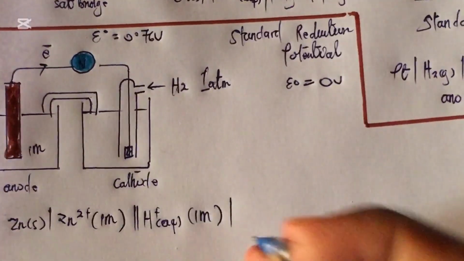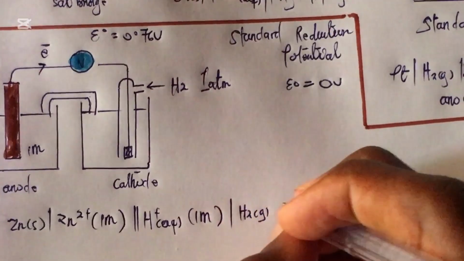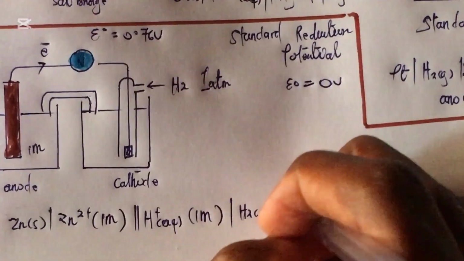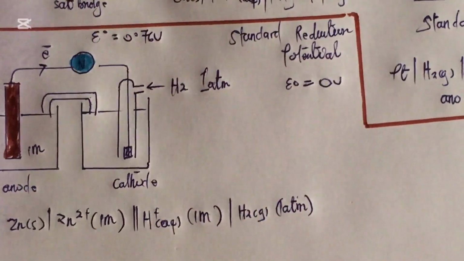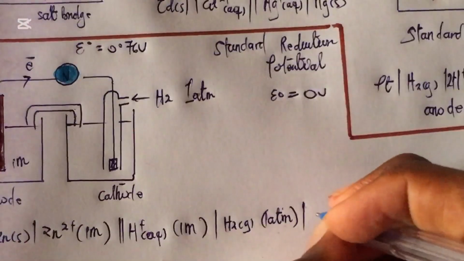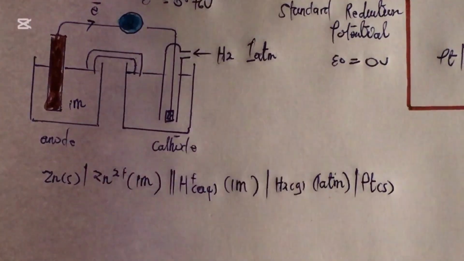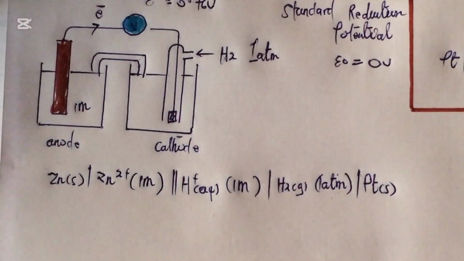So now we have our hydrogen gas, which comes with 1 atm. Then our platinum, which is the inert material, platinum solid.